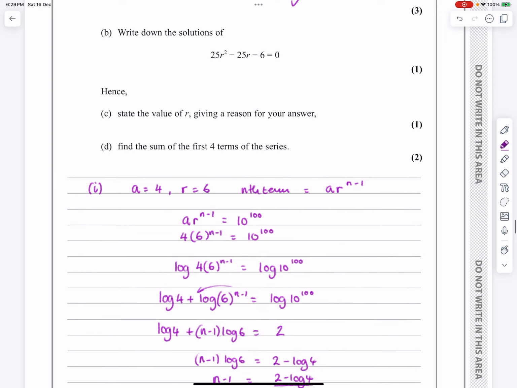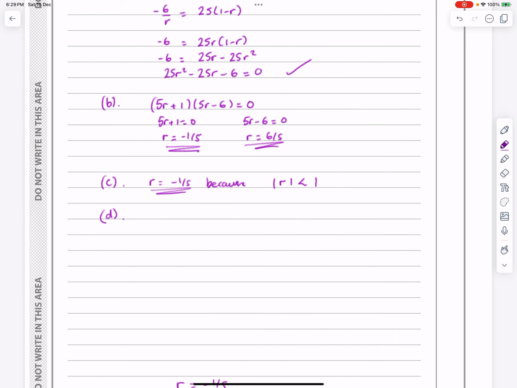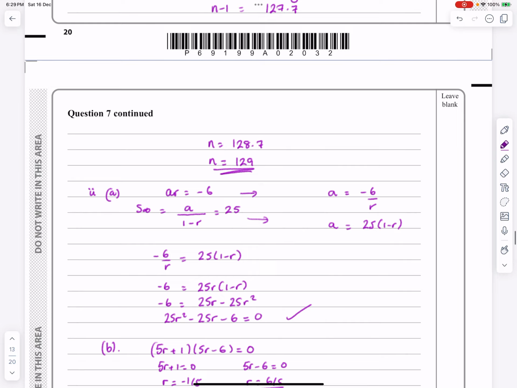So for part D, we've got that the sum of n terms is equal to a times 1 minus r to the n, all over 1 minus r, and they want the sum of the first four. So S4 is equal to, do I know what a is, or have I got to go away and work it out?